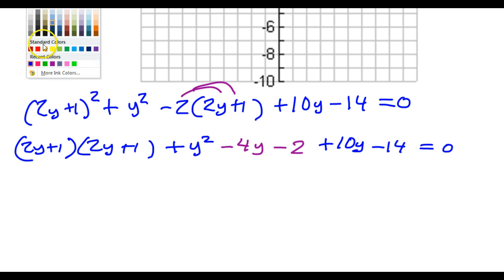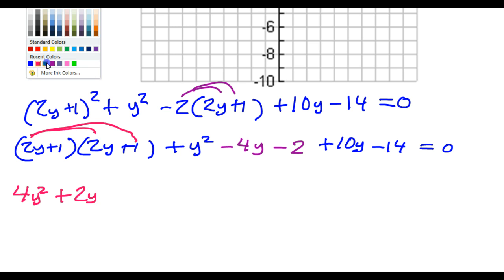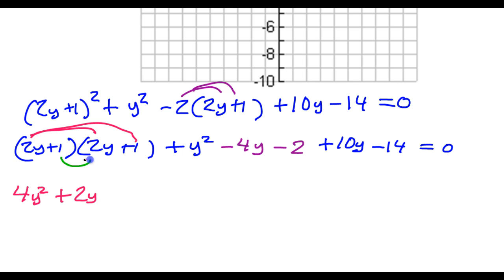Okay, so then with the binomial times the binomial, I have to do the distributive property twice. So first I'm going to distribute that 2y. So 2y times 2y is going to give me 4y squared. And 2y times 1 is just going to give me 2y. And then I'm going to distribute the 1. So 1 times 2y is 2y. And 1 times 1 is 1.